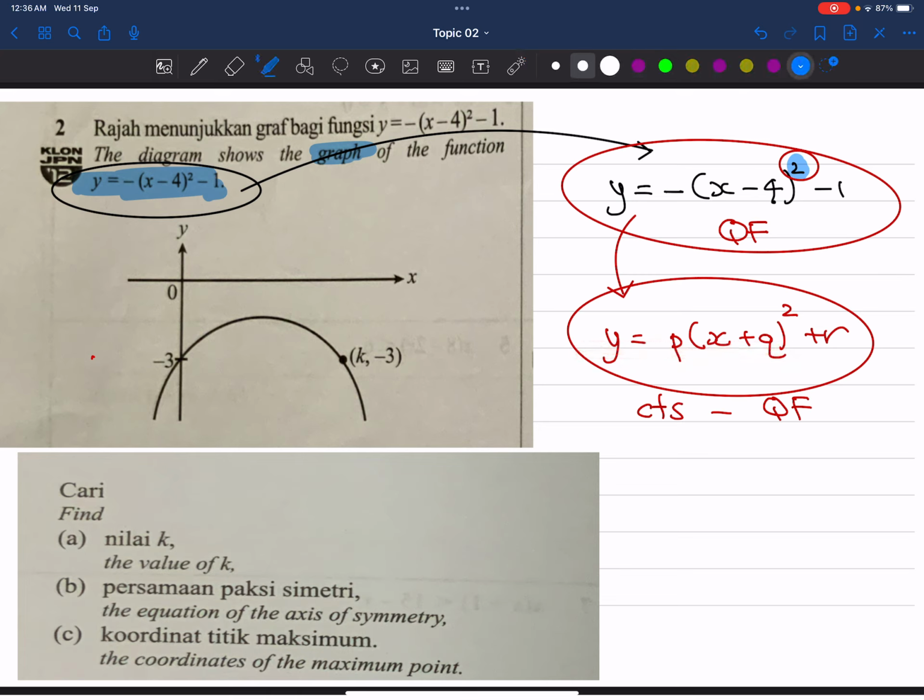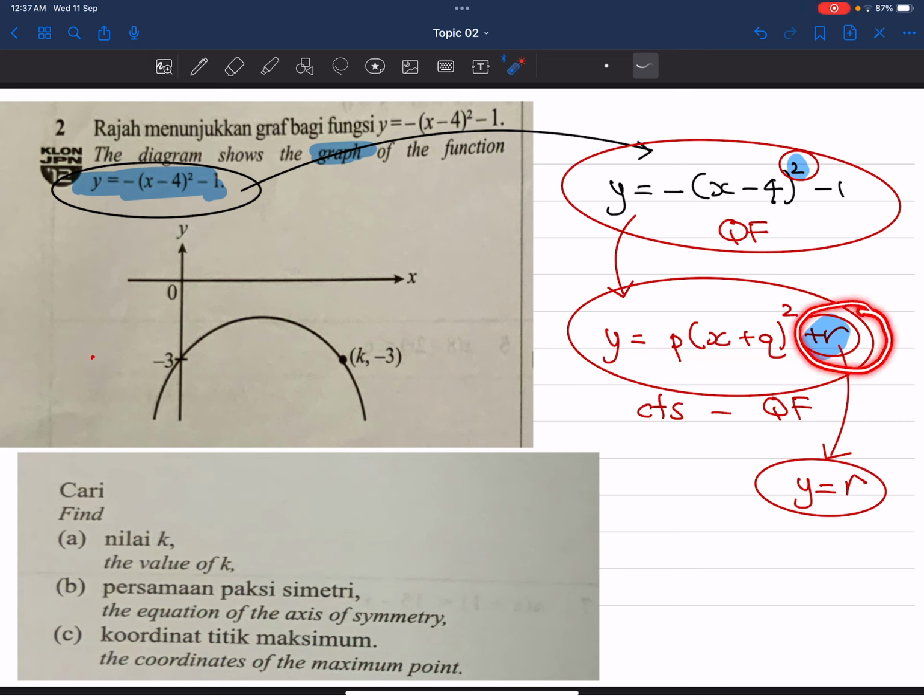In the previous lesson, in complete the square, the number outside the brackets is the y coordinate. And this y coordinate was the minimum or maximum value.